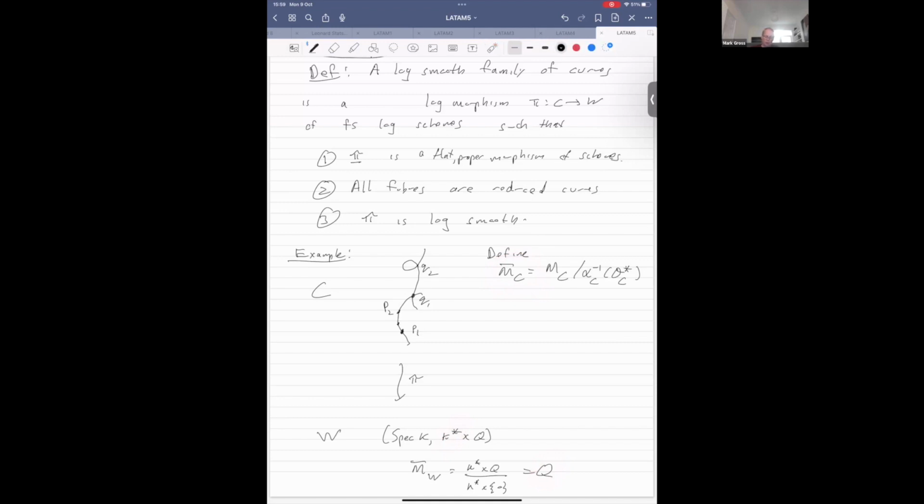Now I'll describe what M bar C does. We also have the generic point. So if eta is a generic point of C, then M bar C eta, the stalk of the sheaf at the point eta, will just be Q. That's inherited from down here.